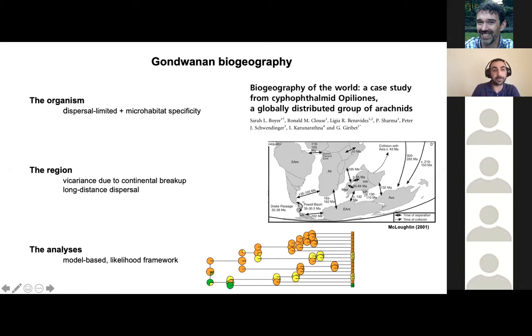In taxa with biological characteristics like this, we expect to see vicariance due to continental breakup. Finally, the last point has to do with analyses. I approach this using a model-based approach in a likelihood framework so that we can tease apart some of these different scenarios.